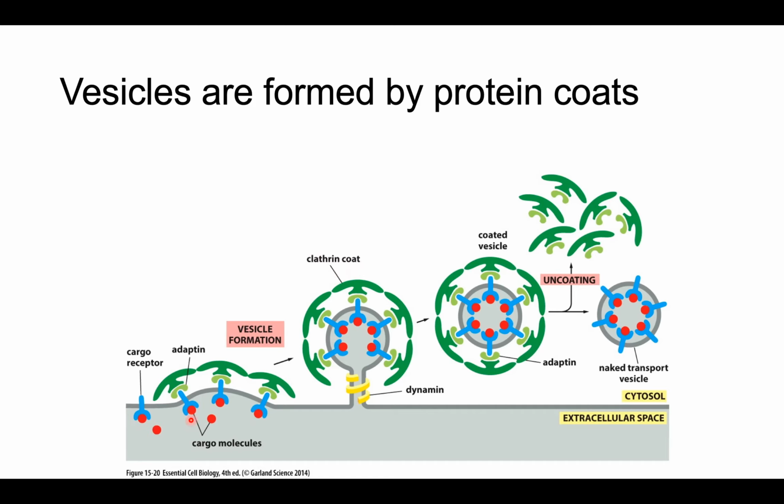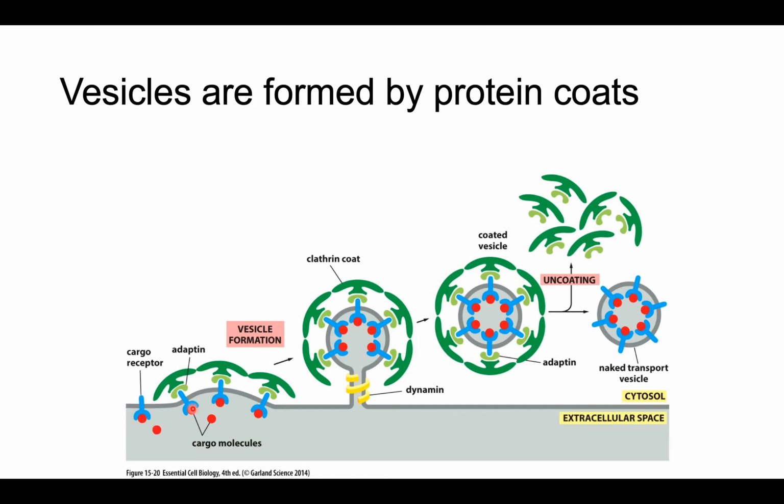It might be a protein that needs to go, it might be a hormone that needs to be secreted from a cell. It could be lots of different things. They're going to bind to a very specific cargo receptor. So that's this recognition process for how we package the right thing. So our cargo binds to this receptor.